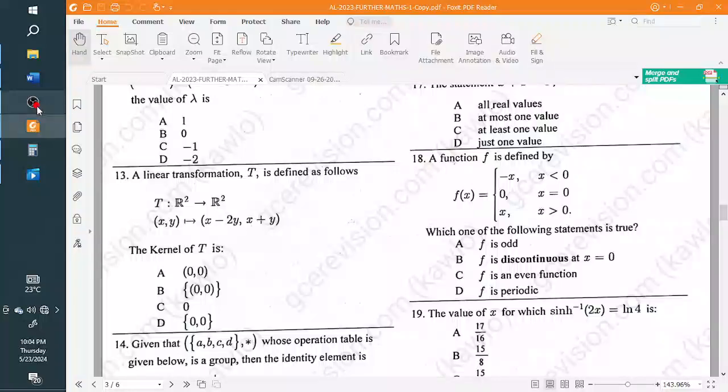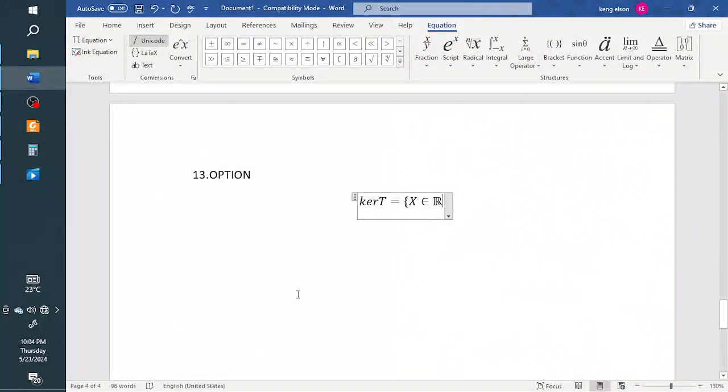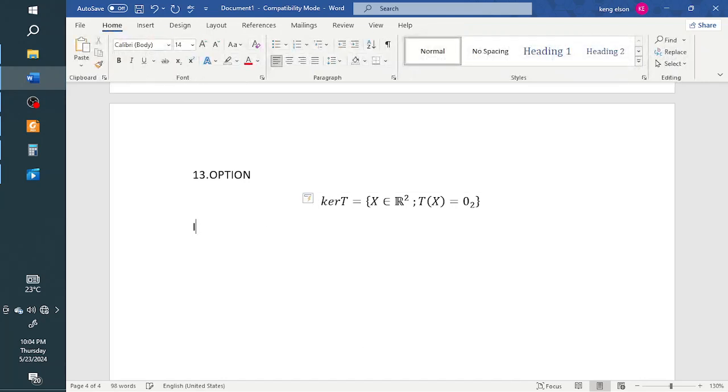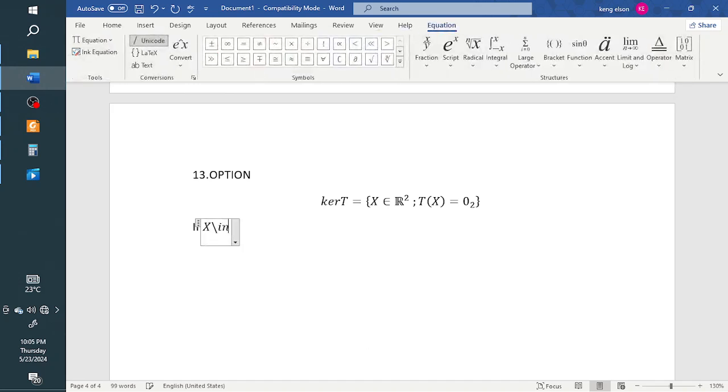So it is the set of vectors in R squared such that if I take T of those vectors, I get the 0 vector. In a nutshell, we are saying that if X belongs to the kernel of T, it means that T of X is equal to the 0 vector.